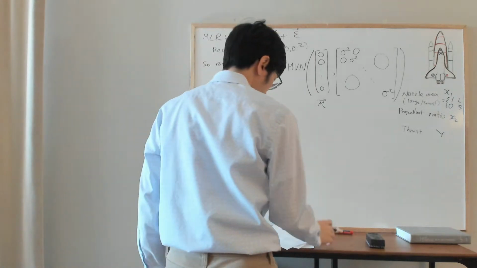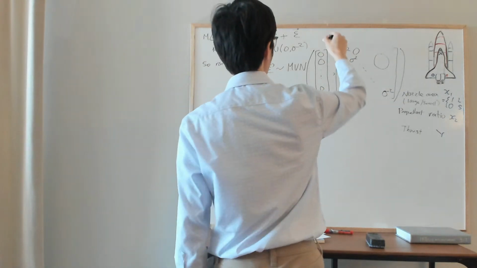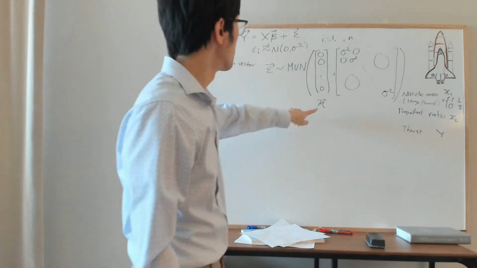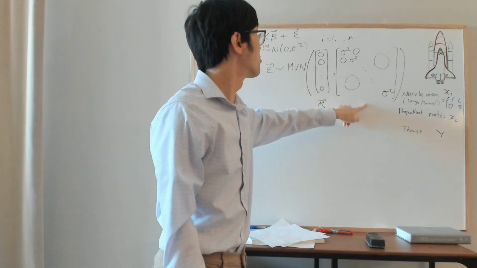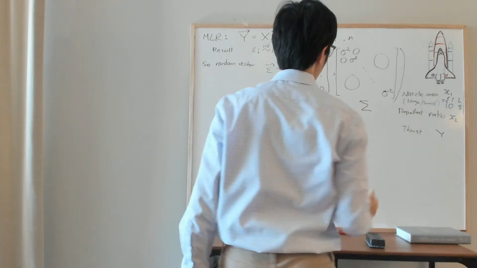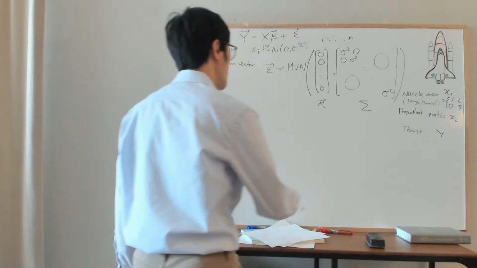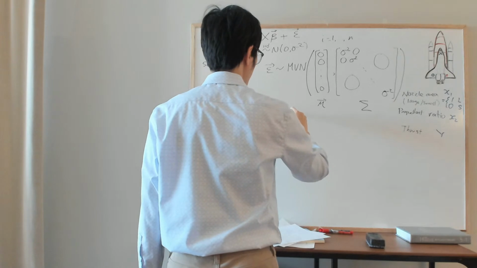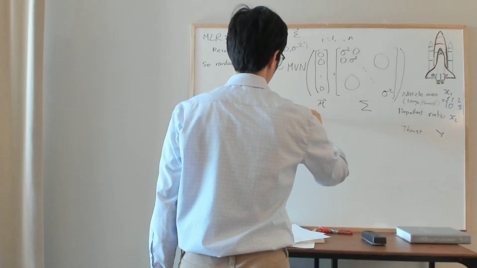Now for the dimensions. Remember we're assuming n data points. So mu is an n by 1 column vector, and we use cap sigma to denote the covariance matrix, which is an n by n matrix. We can write this more succinctly as follows.